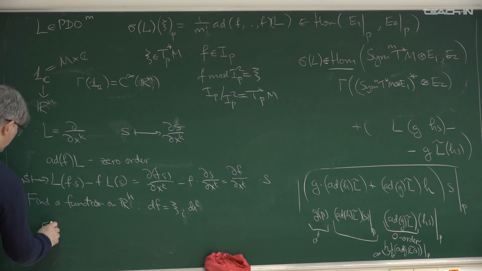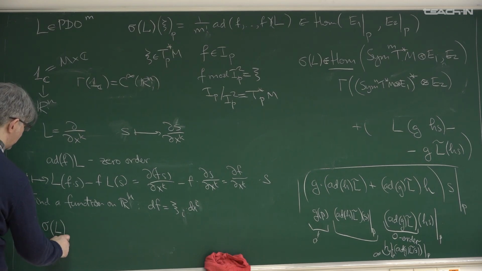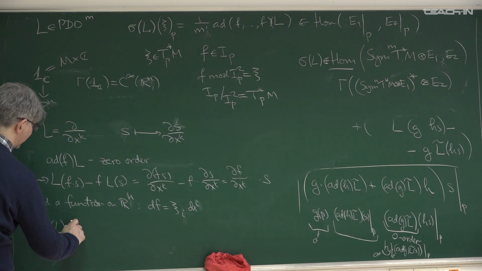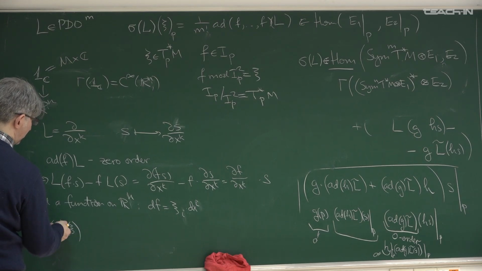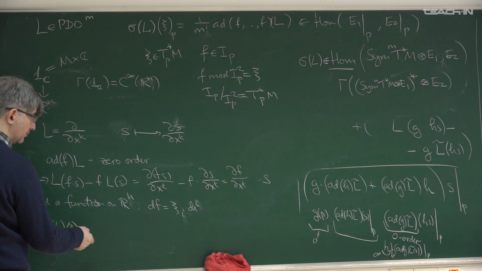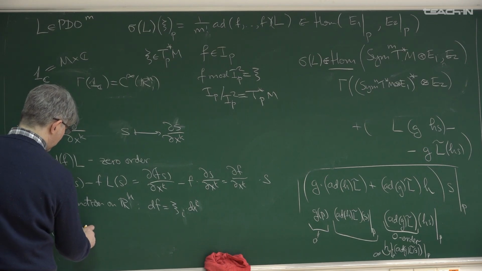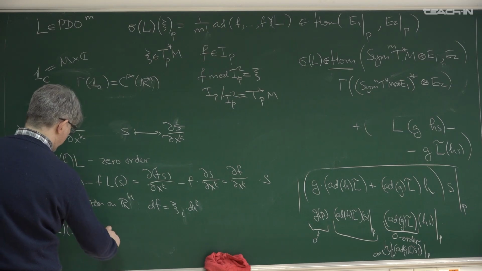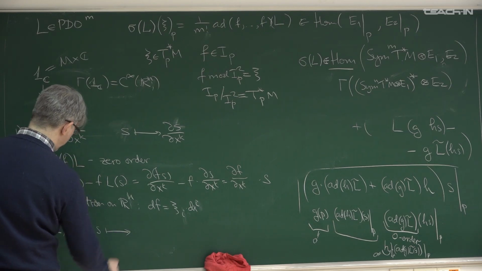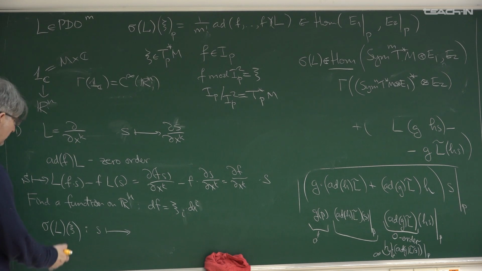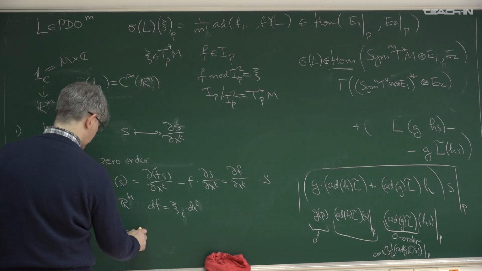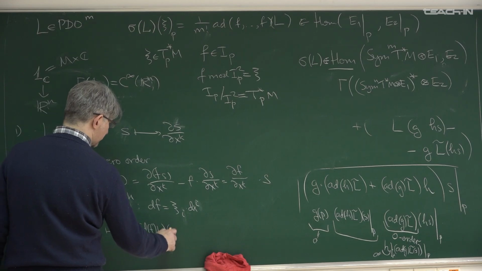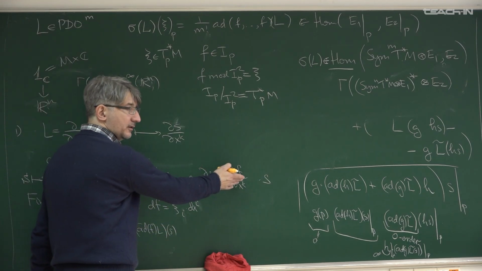So to calculate the symbol of this operator applied to vector psi, this is a linear operator, it should act as follows. We take a section, and let's calculate where it goes. We need to calculate ad f of L and apply it to the section s. It is already calculated, it's given here.